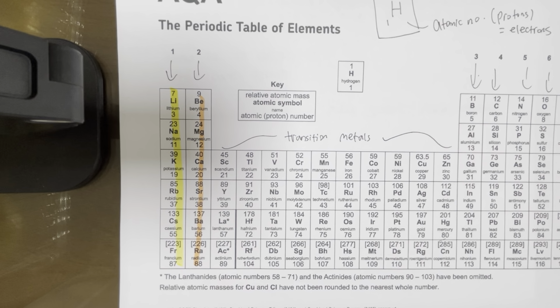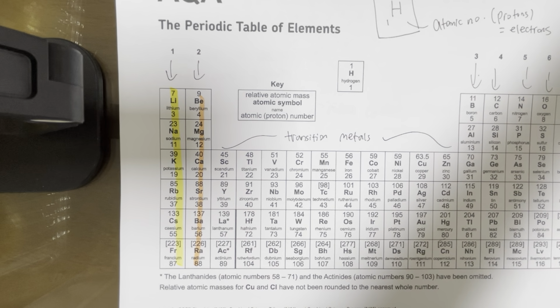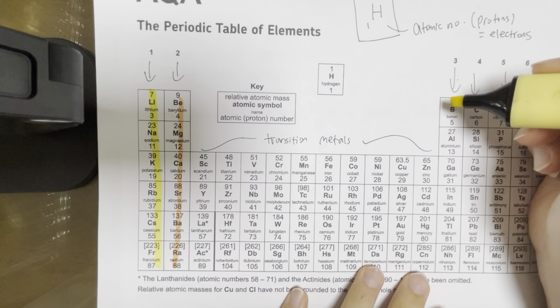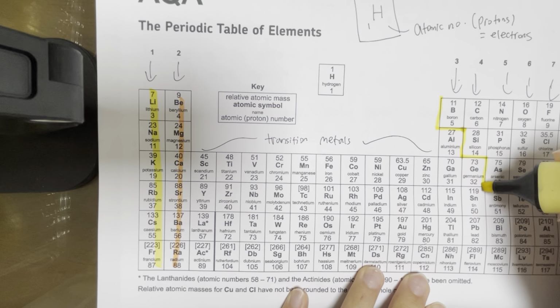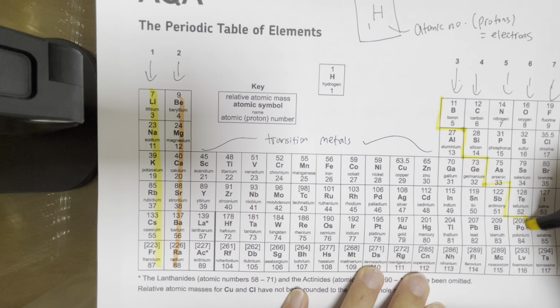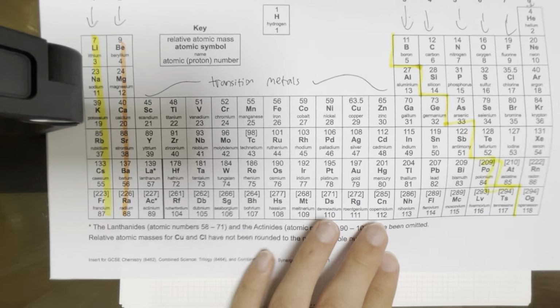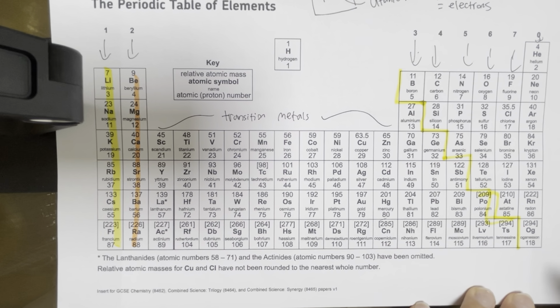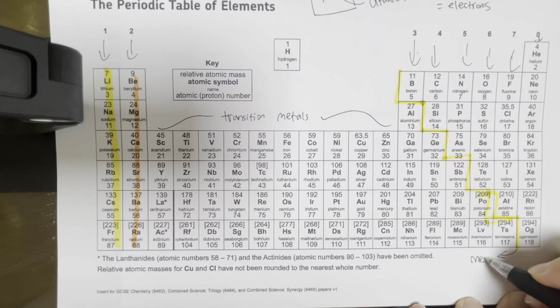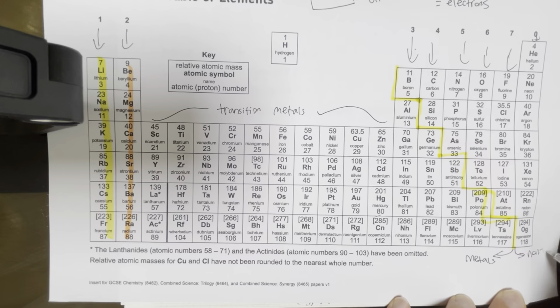Another interesting thing is that there is a ladder. You could theoretically draw a ladder going from boron down 1, down 1, down 1, down 1, and ending at tennessine. Everything to the left of this arrow is a metal, and everything to the right of this arrow is a non-metal.